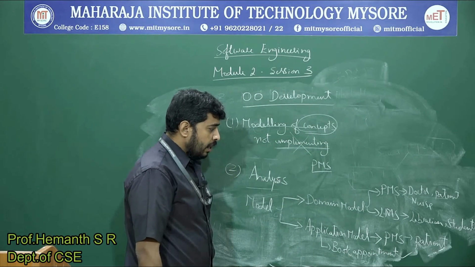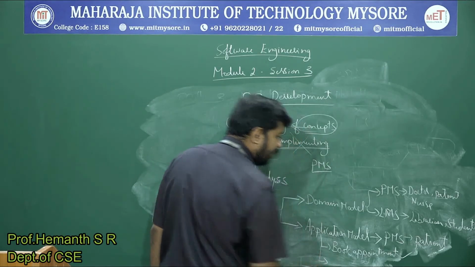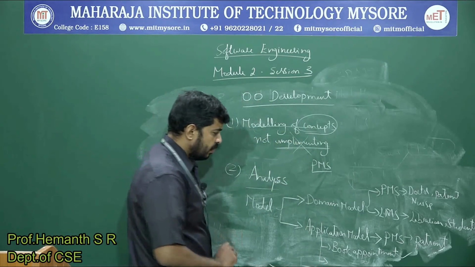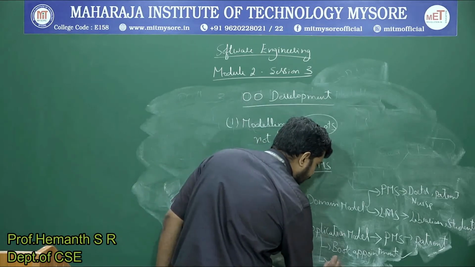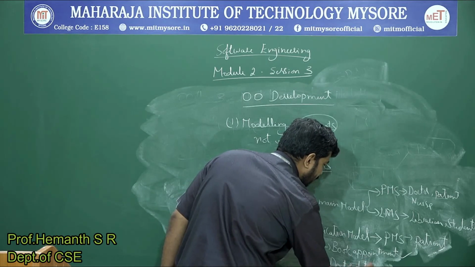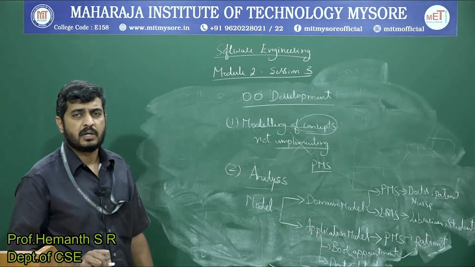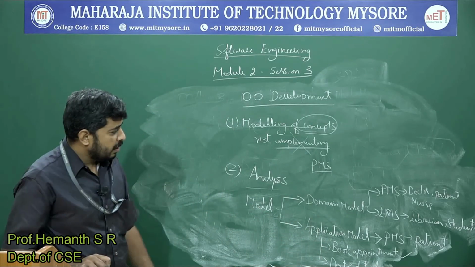Okay. So a patient, should he be given access to details of the doctor? All the details of the doctor. Should he be given access to all the details of the doctor? No, definitely not.